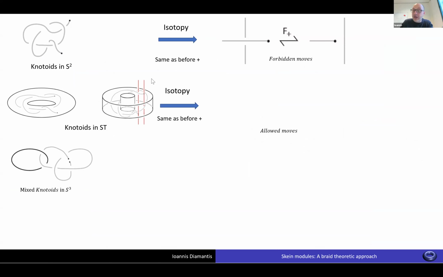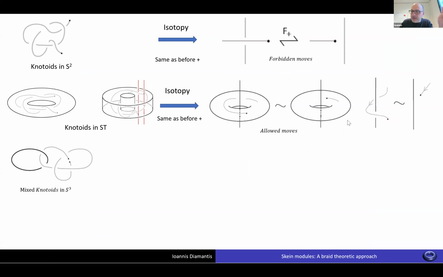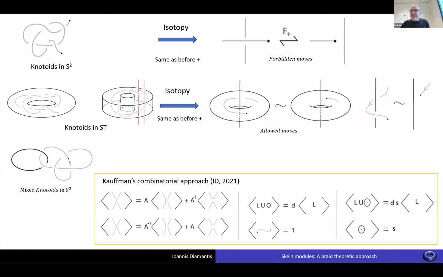So we have knotoids in the solid torus, right? We have isotopy. I will not bore you with that. And some extra allowed moves, non-forbidden moves or whatever, and one can use exactly the same rules that I showed you before to have the analog of the Kauffman bracket for knotoids that live in the annulus. All right, that was a parenthesis.